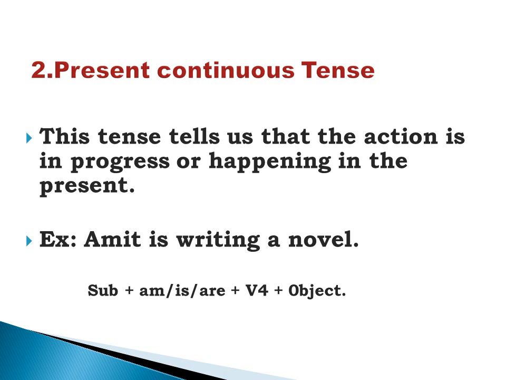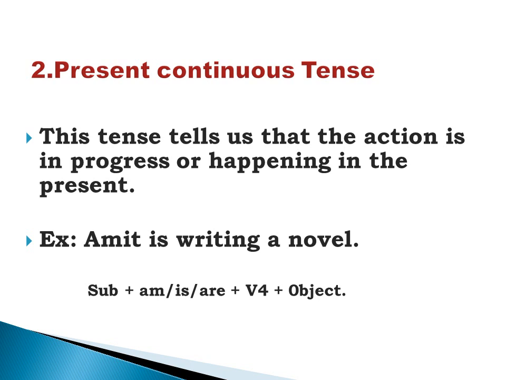Present continuous tense. This tense tells us that the action is in progress or happening in the present. Example, Amit is writing a novel. The action of writing is going on in the present.